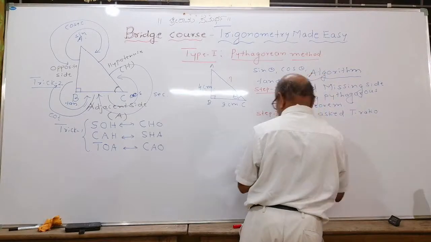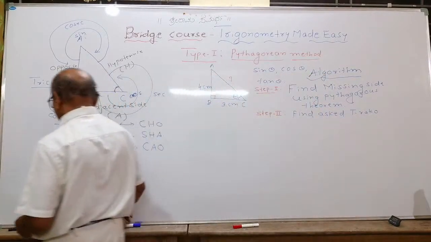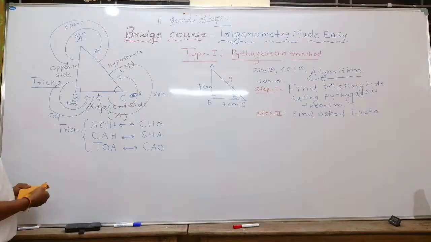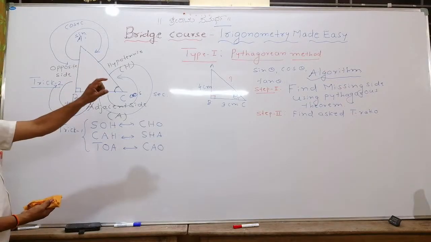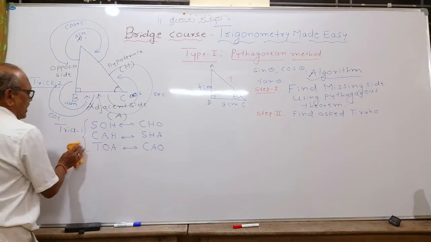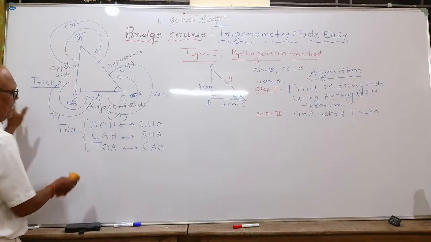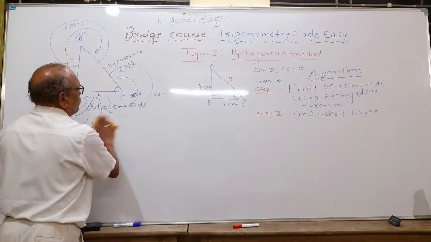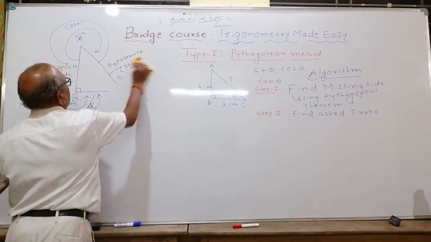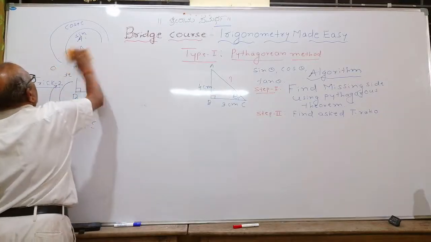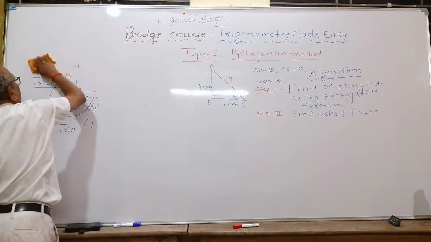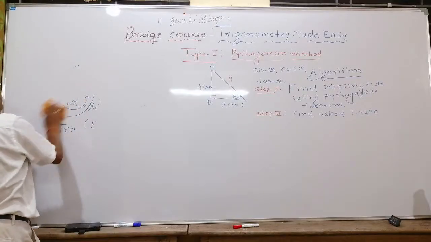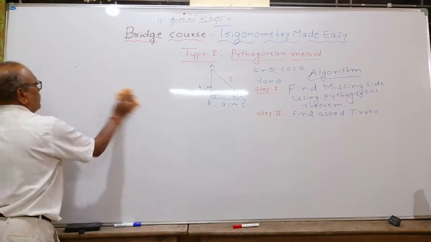I will take some questions here, and you first of all note down the steps, the type, and the algorithm. I hope you are perfect in this now. Now you have to start application. I will go on giving you a few problems to solve.